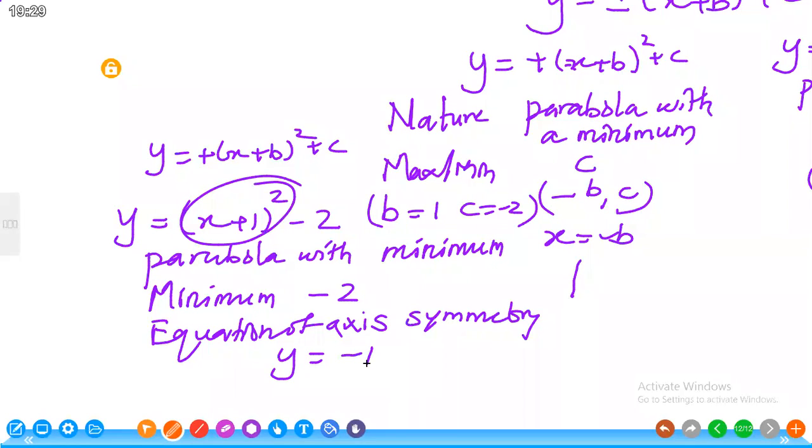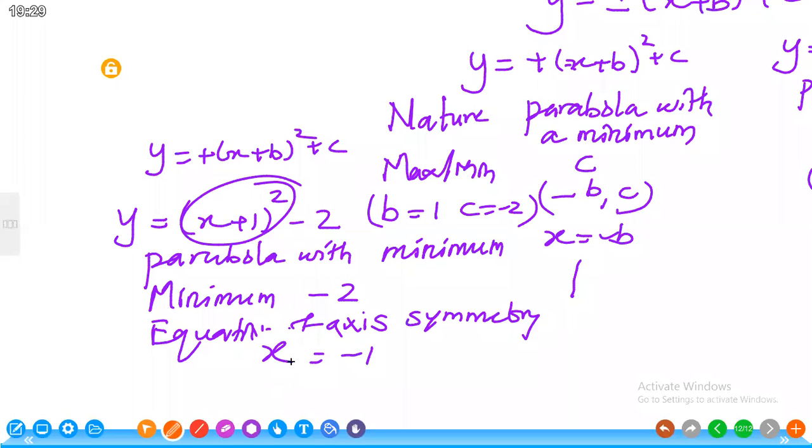According to the table, when the format is y is equal to plus (x plus b) all squared plus c, the equation of axisymmetry is x is equal to -b. Here b is equal to +1. When we convert to the negative, x is equal to -1. Equation of axisymmetry: x is equal to -1.